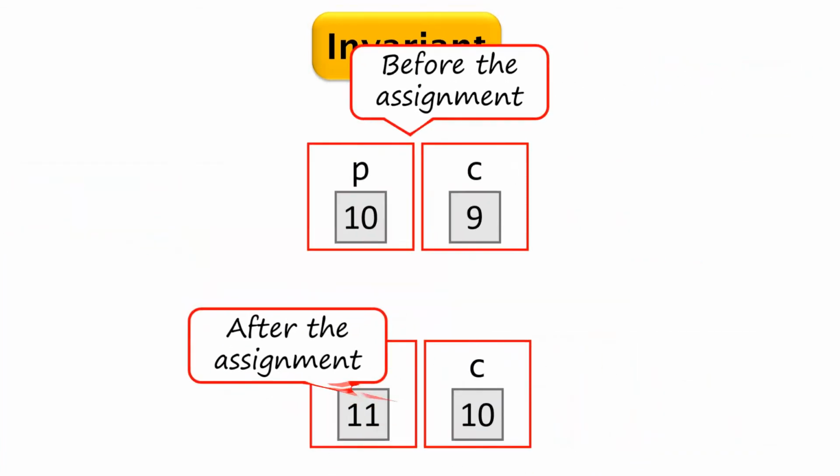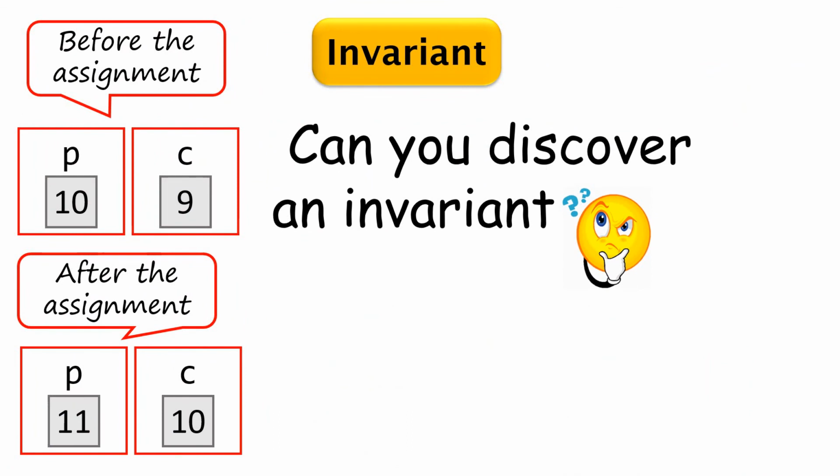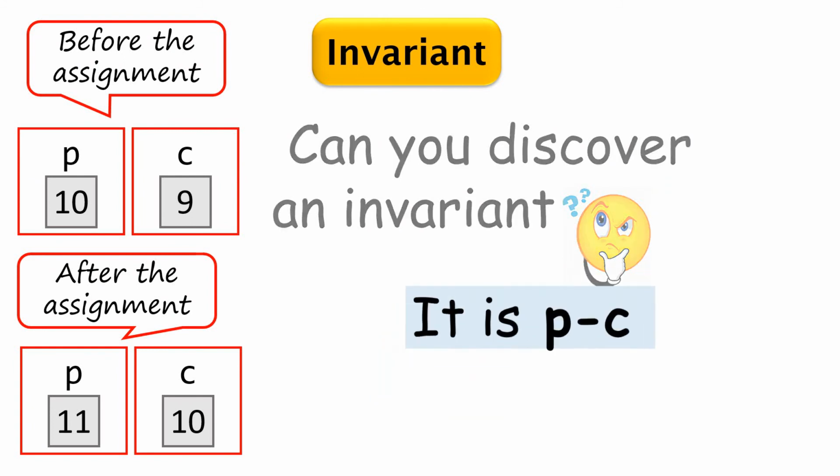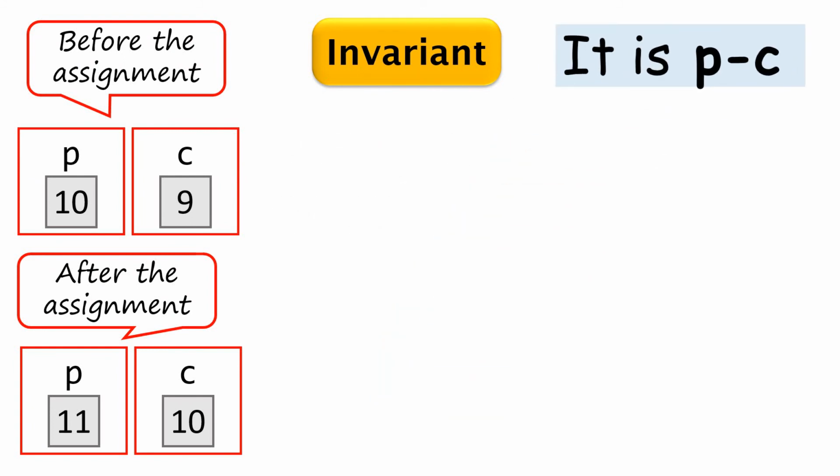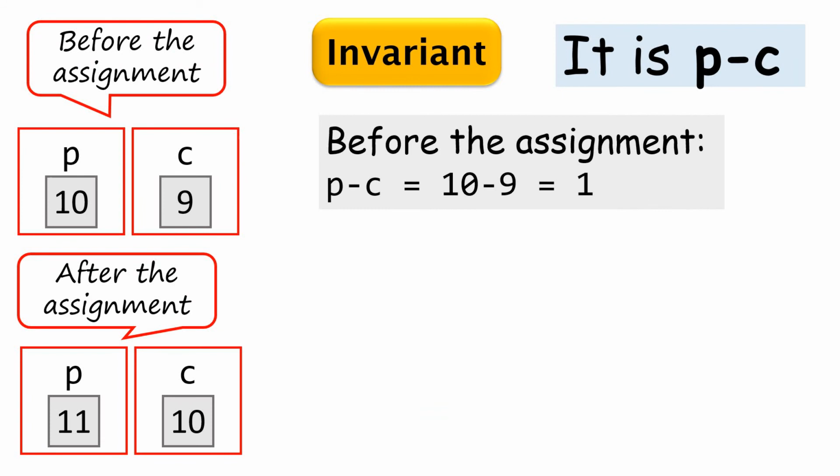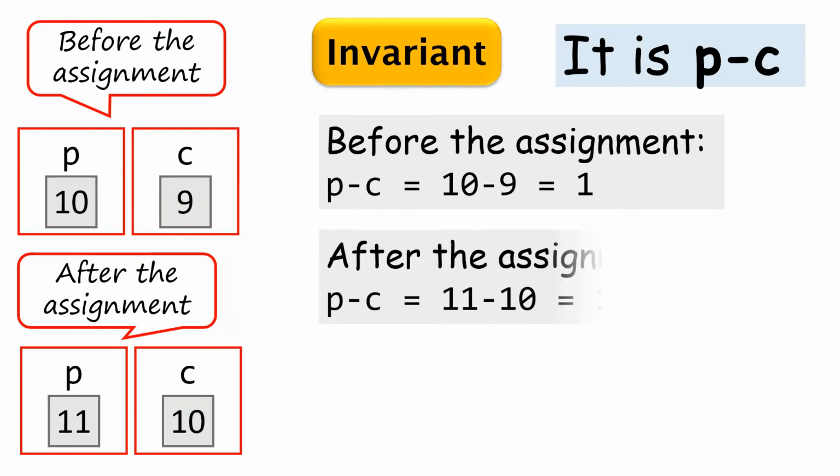Can you discover an invariant? Yes, it is p - c. Before the assignment, p - c = 10 - 9 = 1. After the assignment, p - c = 11 - 10 = 1.